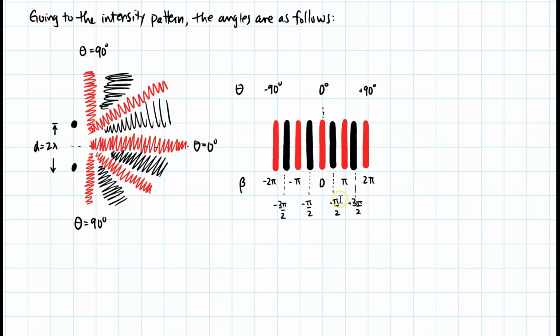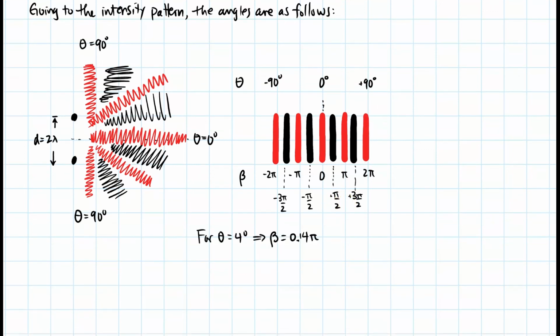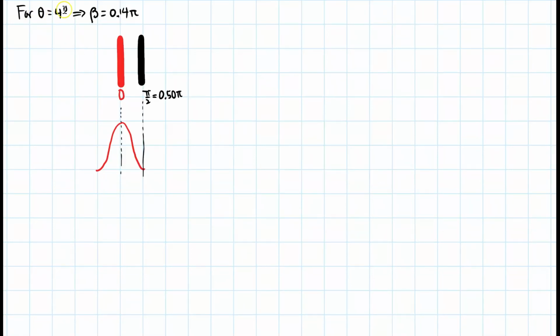If I look at the beta factor, I have 0, pi, 2 pi, minus pi, and minus 2 pi for the maxima, and the dark fringes are located at pi over 2 intervals. For theta equal to 4 degrees, we know that beta is equal to 0.14 pi. So if I look at the central fringe, that's 0.